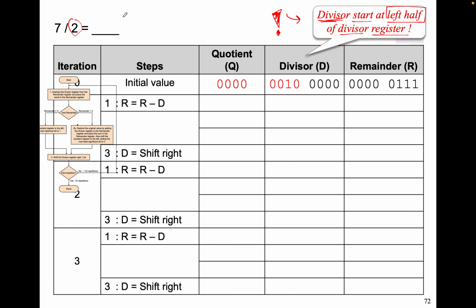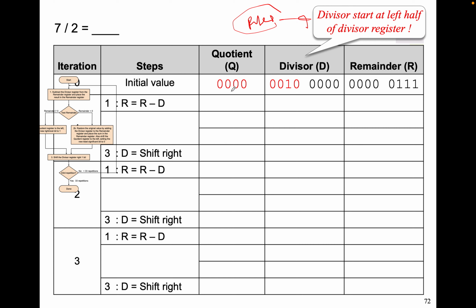So in terms of the value 0 0 0 0 0 0 1 0, you start on the left half, which is over here, right? You're going to start first, and then this one will start later. That is the rule when you want to use the divisor method.